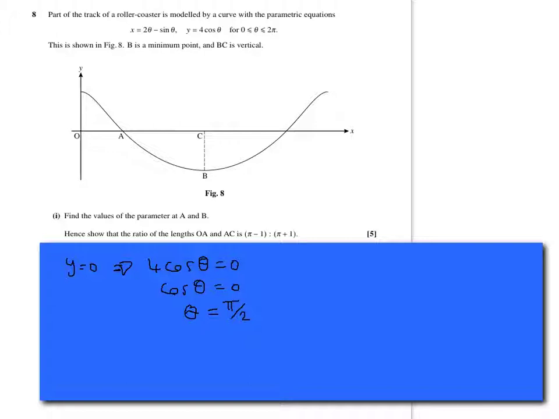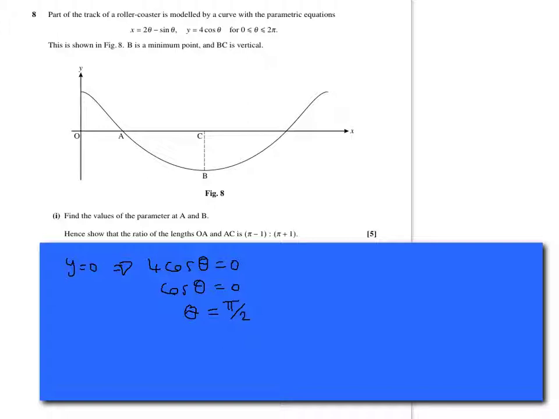At B, we know that it is a minimum point. We also know that the y value is equal to 4 cos theta. Now a cosine graph goes between 1 and minus 1. However, this graph has been stretched parallel to the y-axis with scale factor 4.